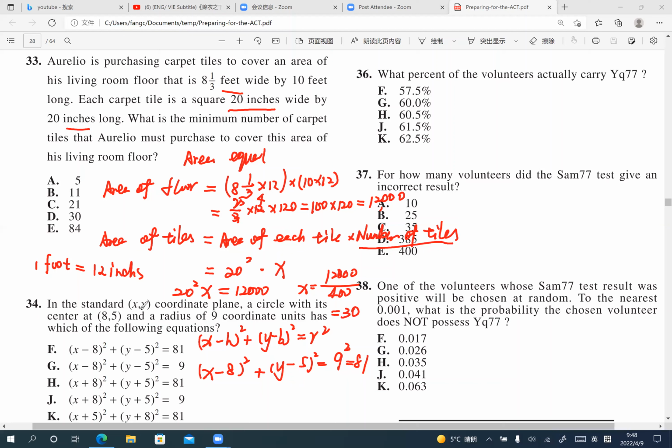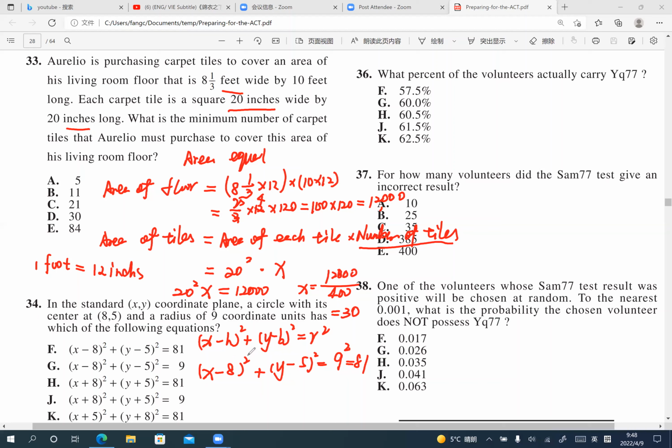Question 34. In the standard xy coordinate plane, a circle with its center at (8, 5) and a radius of 9 coordinate units has which of the following equations? The standard form of a circle is (x minus h) squared plus (y minus k) squared equals r squared, in which h represents the x coordinate of the center, k represents the y coordinate of the center.